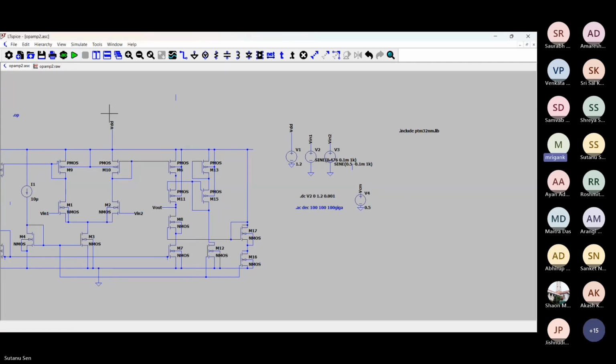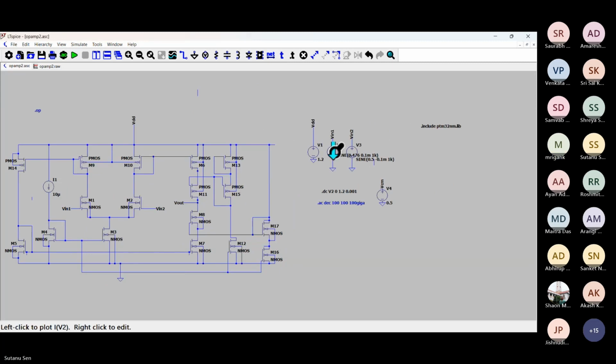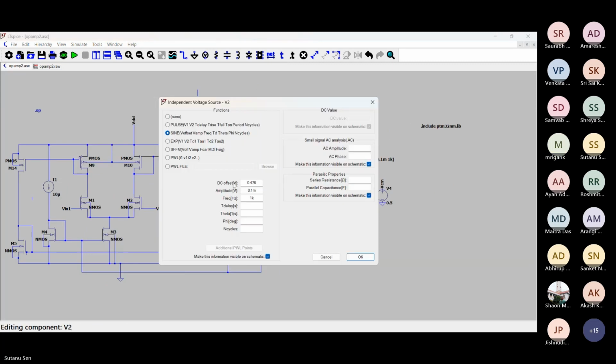What is go back? What did you set up? Just show me the value again. Okay.